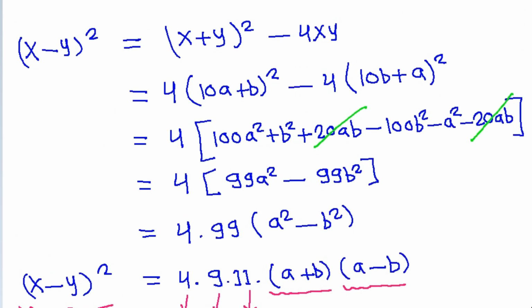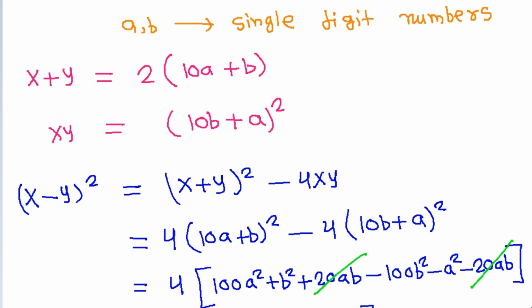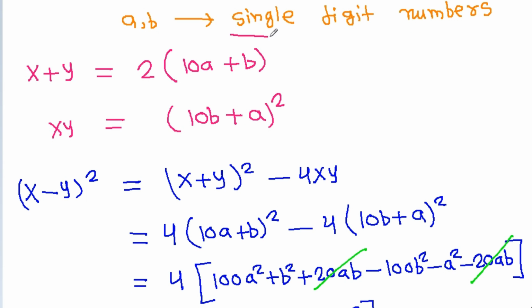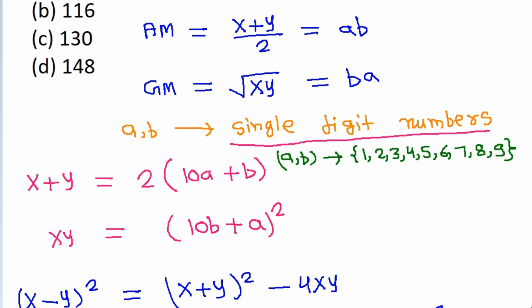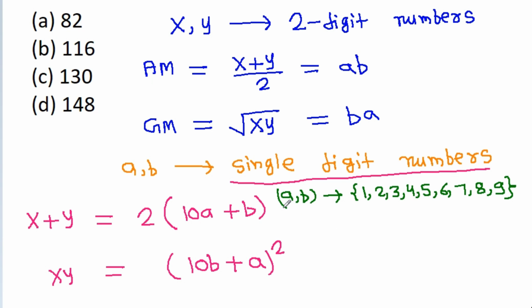And we have A and B single digit numbers. That means A and B are 1, 2, 3, 4, 5, 6, 7, 8 or 9. And also A or B cannot be 0, because if A is 0, then AB will become a single digit number, and if B is 0, then BA will become a single digit number.